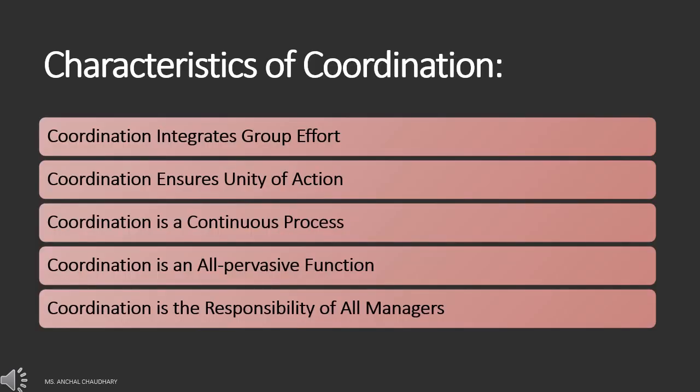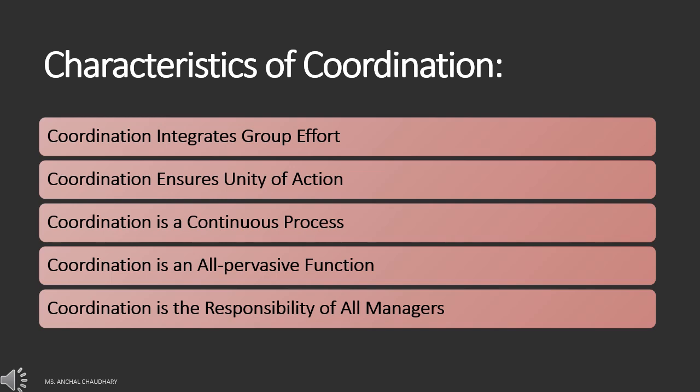Now, next are the characteristics of coordination. First, coordination integrates group efforts. As I told you, it's a group effort process because you can't work very efficiently as a single entity. Suppose a task is given to 10 employees, then that task can be completed more efficiently and also in a shorter duration.